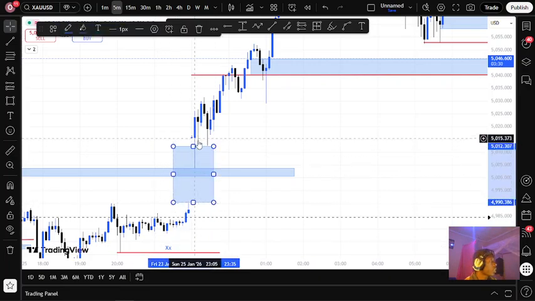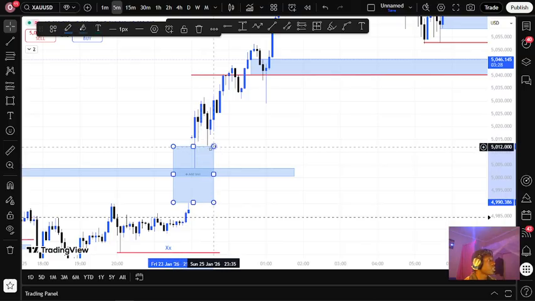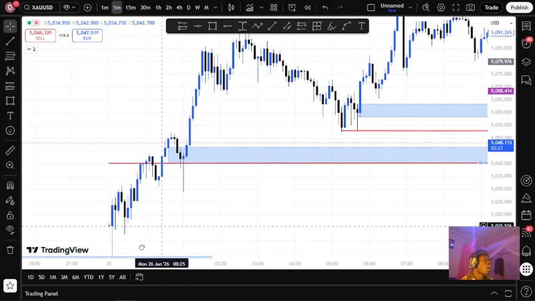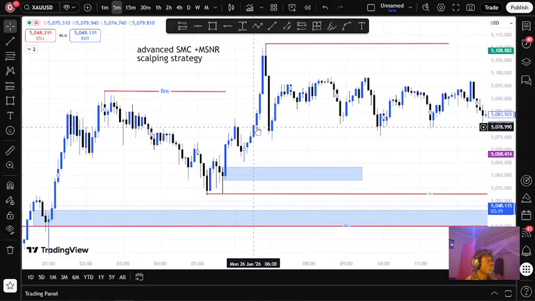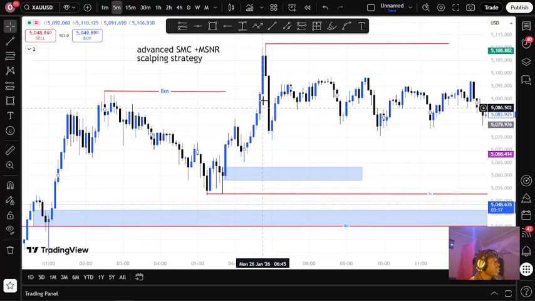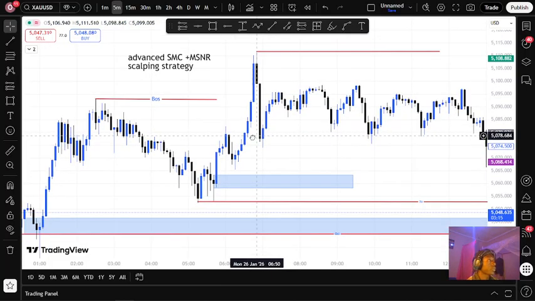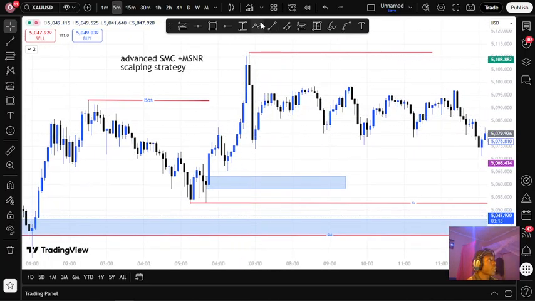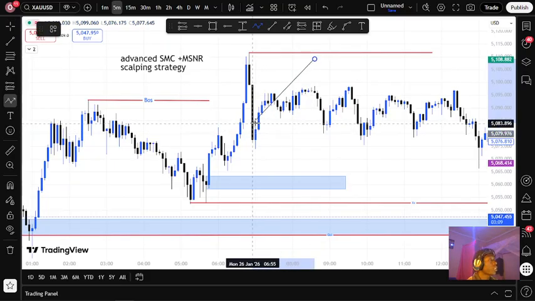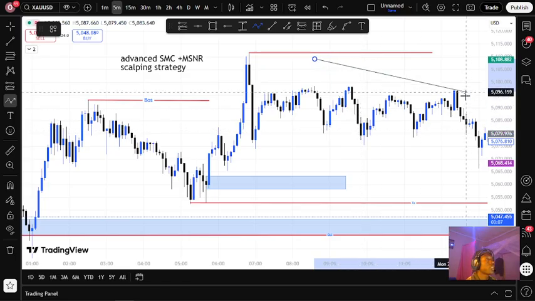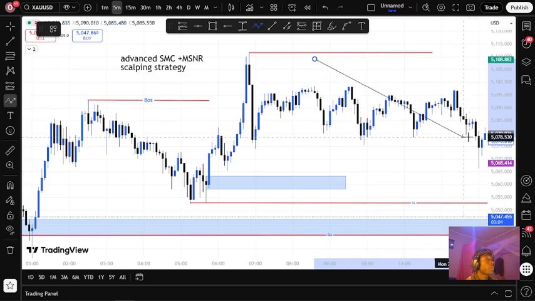We'll dive into the trades we took in the group during 9 a.m. It was around this point that I personally took the first trade, the second trade at this point, and the third one maybe at this point here.